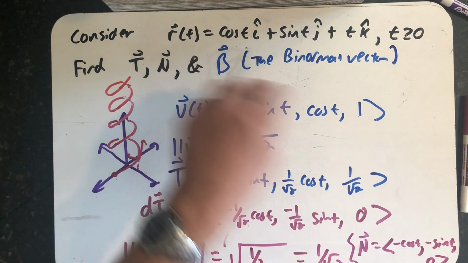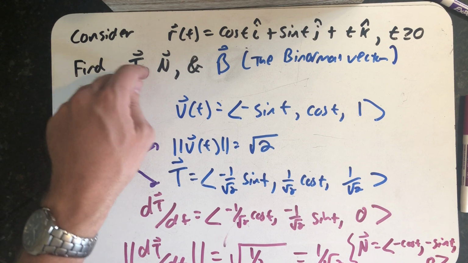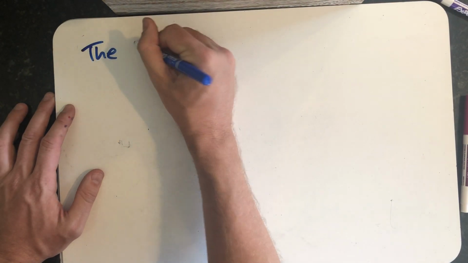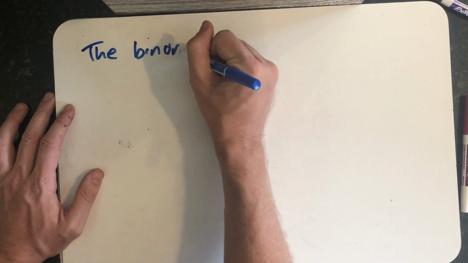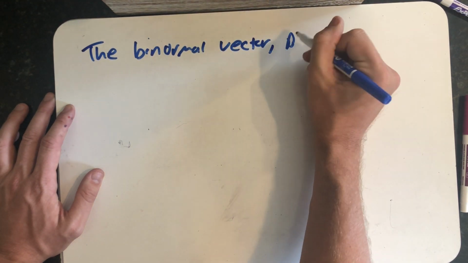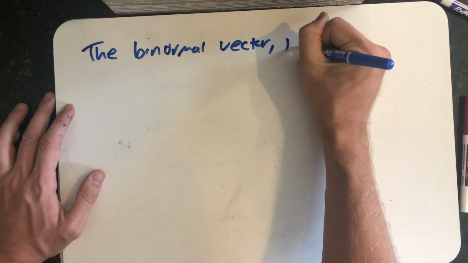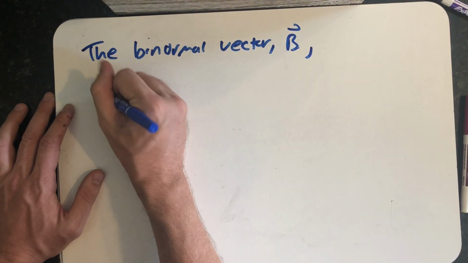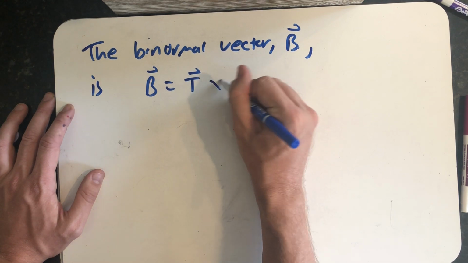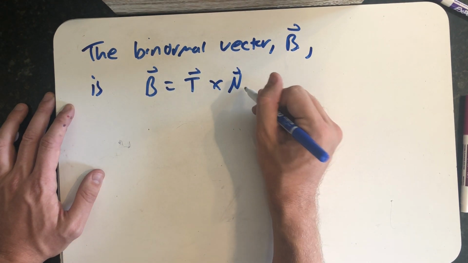We want the binormal vector to follow a right-hand rule from t to n, so I bet you already know how to calculate it. The binormal vector, denoted by a capital B with a vector hat, is the cross product of t and n.